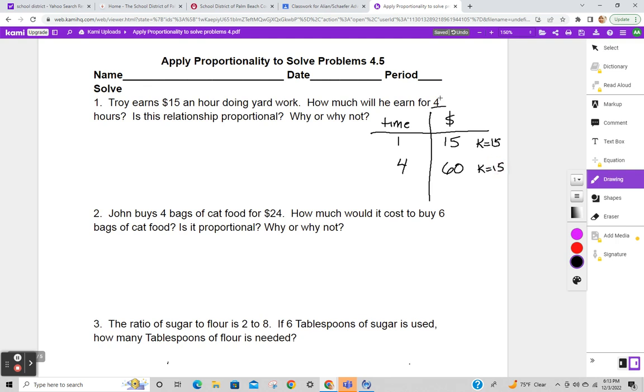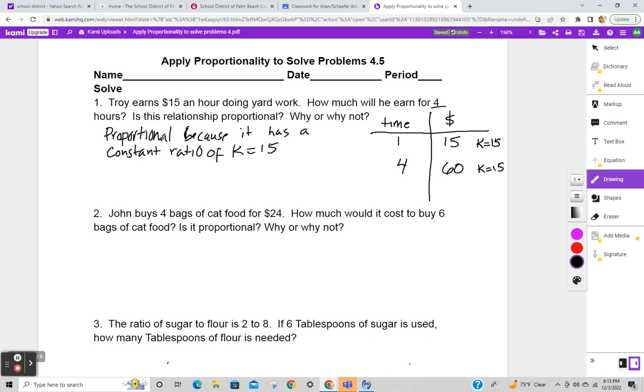So this relationship is proportional because it has a constant ratio of K equals 15. Now, I could have solved this using a proportion.